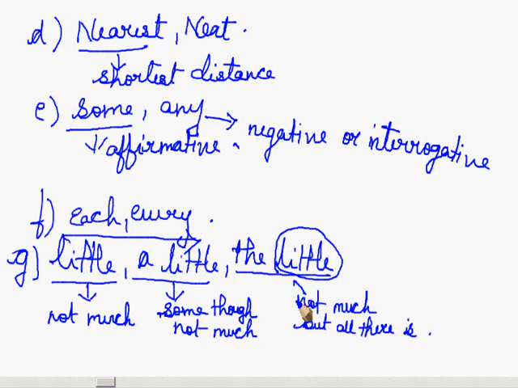If I say the little information he had was not quite reliable, the little information, that was all the information he was having. Second, the little knowledge of carpentry that he possessed stood him in good stead. The sentence means the knowledge of carpentry he possessed was not much, but all that knowledge stood him in good stead.